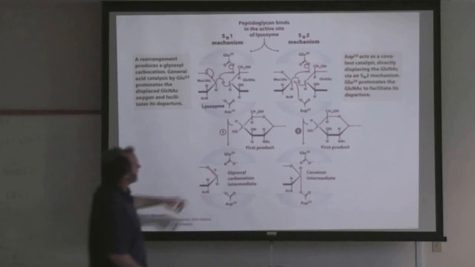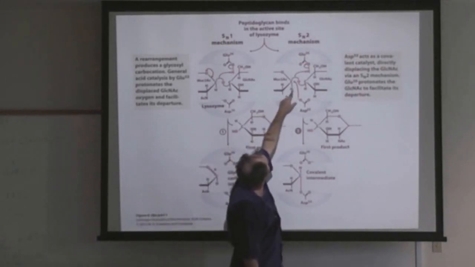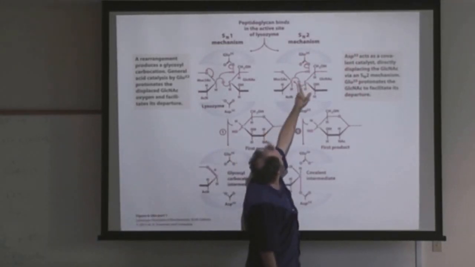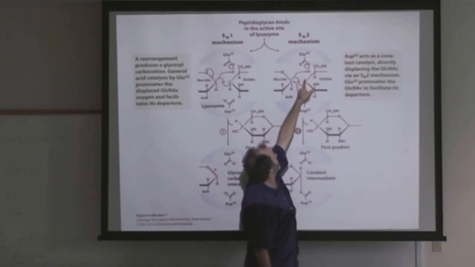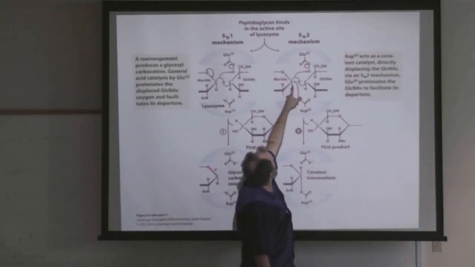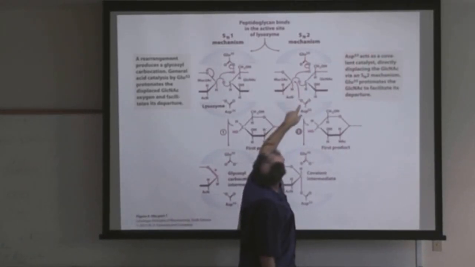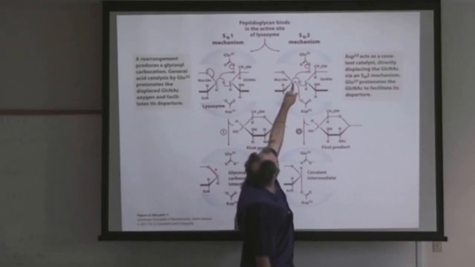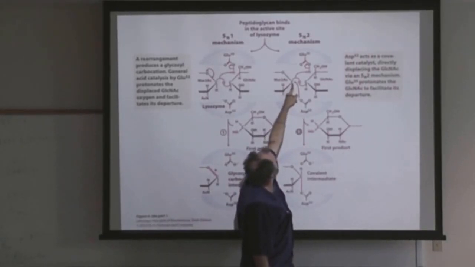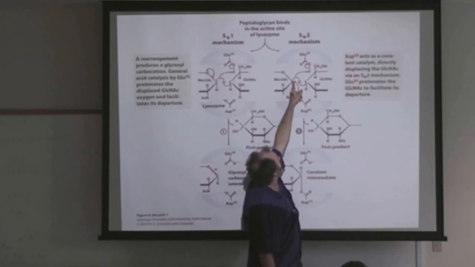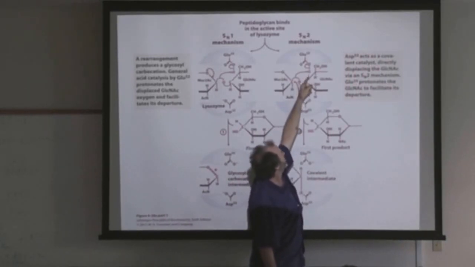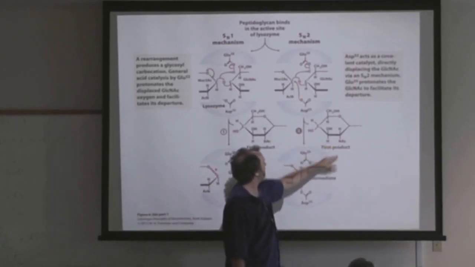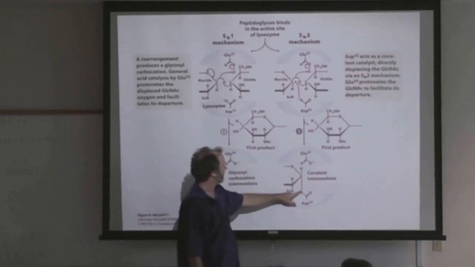So you have glutamic acid 35. It's going to act as a general acid, donating this hydrogen. So aspartate is going to attack the anomeric carbon here, allowing these electrons to then grab that proton, and you have the first product leave and a covalent intermediate.